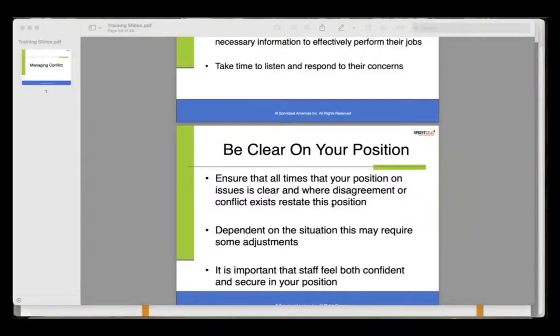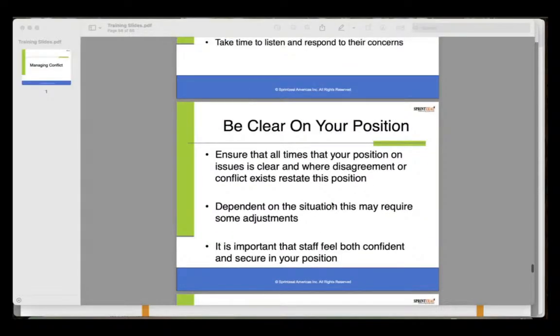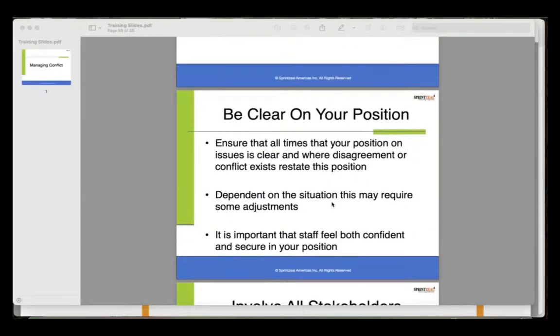Dependent on the situation, your position may require some adjustments as well, depending on the case and what type of process we are looking for. Also, it is important that the staff feel both confident and secure in your position.